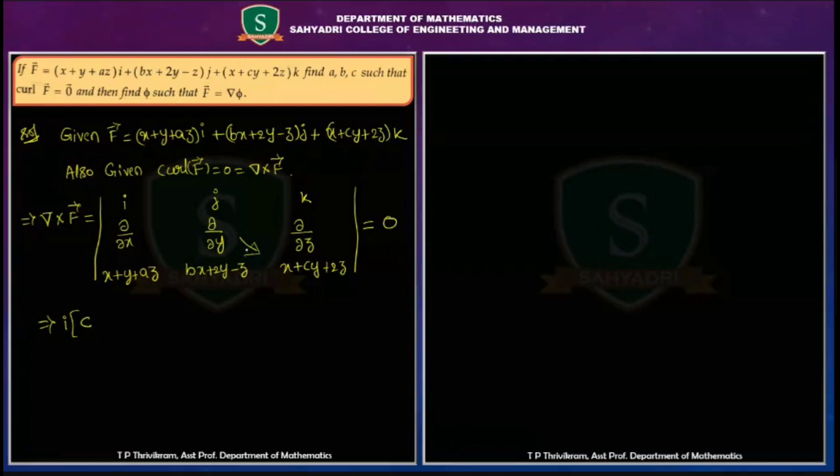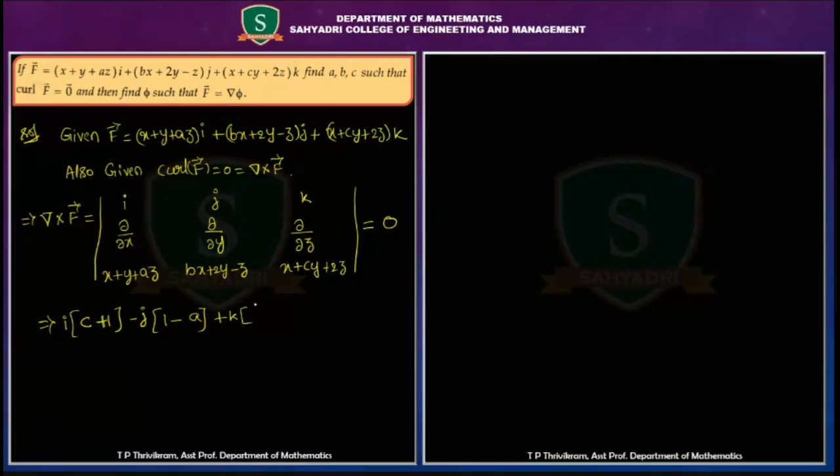Next, c minus 1, minus j into c plus 1, minus j into 1 minus a, which is minus a, plus k into b minus 1, is equal to 0.